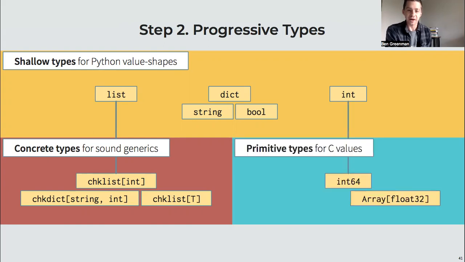Now, the third level on the bottom right is primitive types, and these correspond directly to C values as opposed to boxed Python values. So whereas a Python int is a boxed object, int64 in static Python is just a number. And there's also one data structure over in the primitive world, and that is array, and that corresponds to a C array.